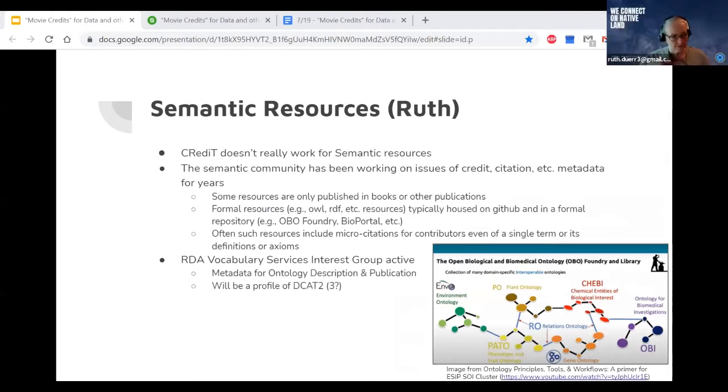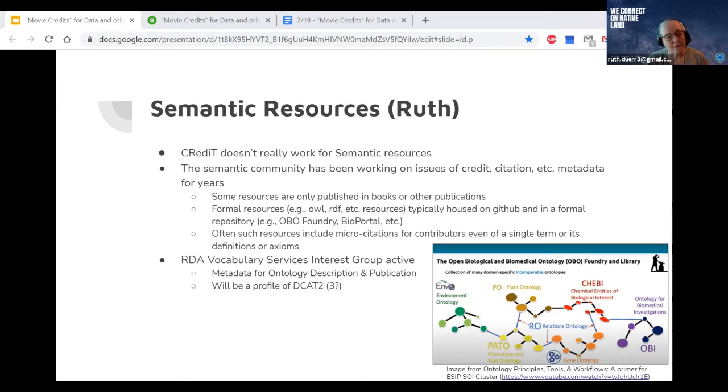Yep, it is. And similarly, credit doesn't really work for semantic resources. And there's lots of issues there. A lot of the concepts don't translate. And I think there was a general feeling that it was kind of the whole square holes and round pegs and those kind of problems that we were having.